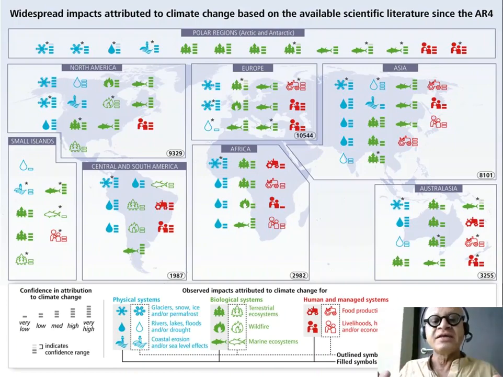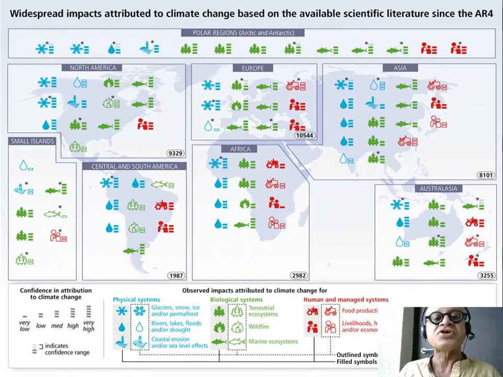So you see that all systems, physical systems, biological systems, and human and managed systems have some change across the entire globe. Okay, so you can see polar regions, glaciers and snow affected, rainfall affected, coastal erosion documented, marine and terrestrial ecosystems affected, and so on, and human and managed systems affected.